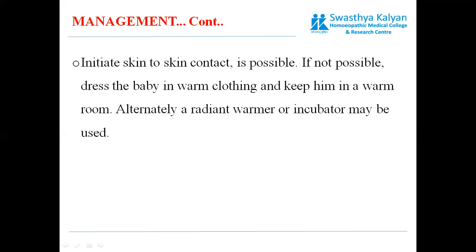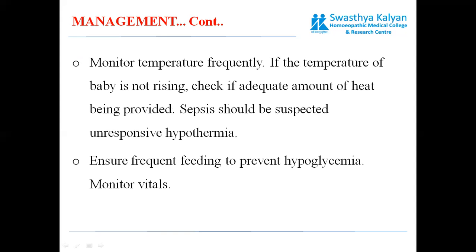Then after that, we have to monitor the temperature frequently. If temperature of the baby is not rising, then we have to check if adequate amount of heat is being provided. Then we can suspect sepsis if the baby is not responding to hypothermia. We have to also make sure that the baby is getting frequent feeds to prevent hypoglycemia, and we have to monitor the vitals also.